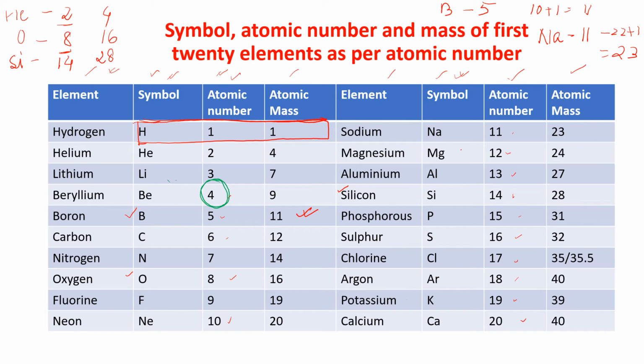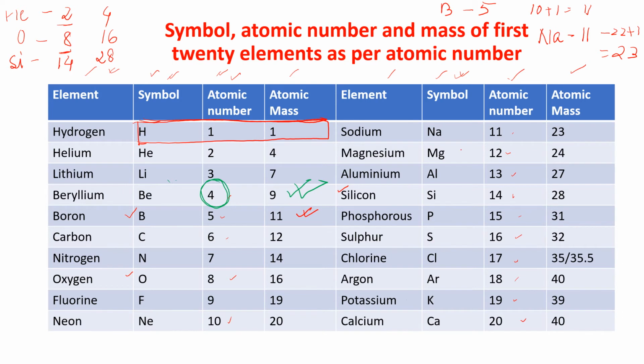According to the rule I told you, which is not at all a rule, it is just a trick for remembering, you have to double the 4, so it should be 8, but it is 9. So this is one exception.